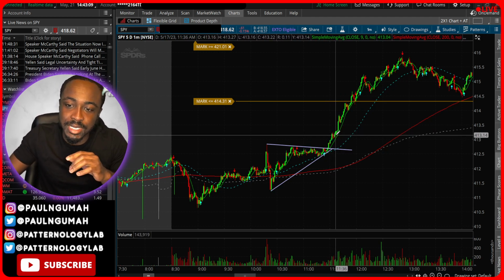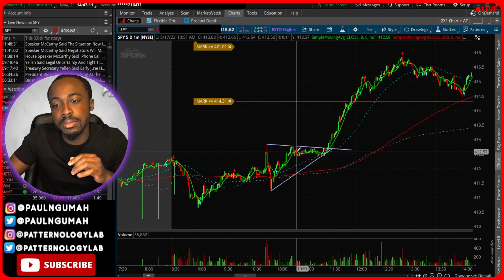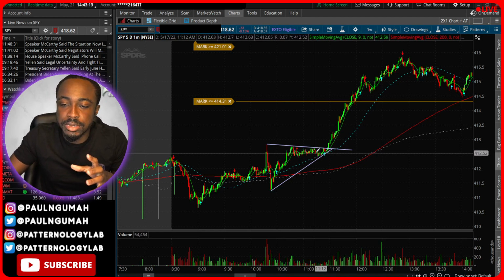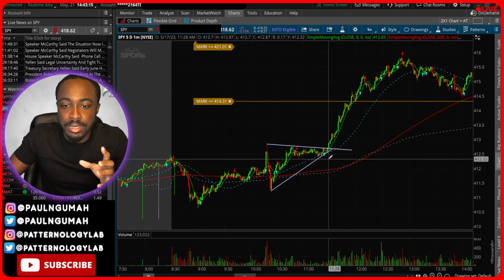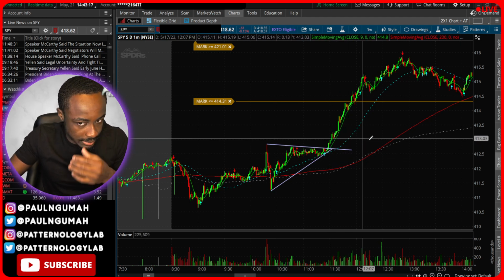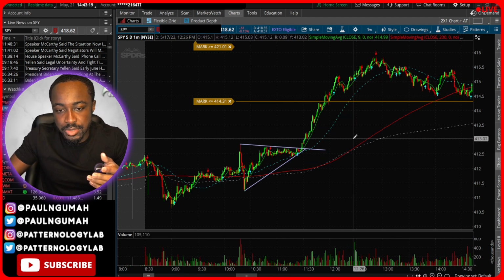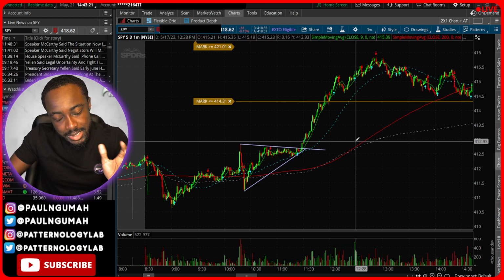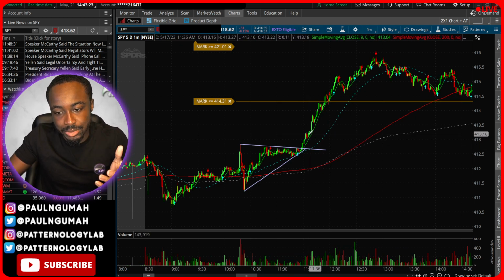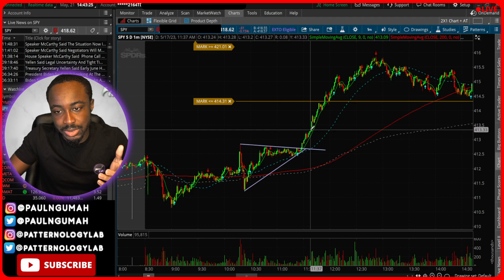I was a little late because I wanted to make sure that it wasn't one of these fake outs. Again, as I mentioned before, the structure is hard to see, and sometimes if the structure is too small, it might play games. So I had to really wait and make sure that this was the real thing.